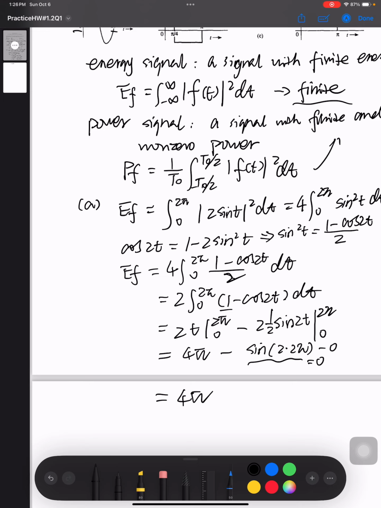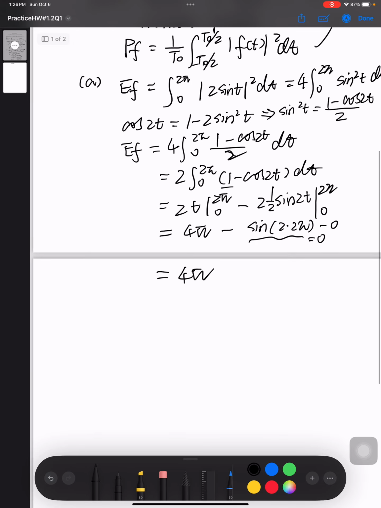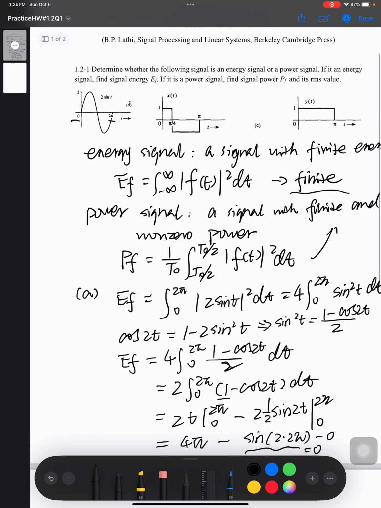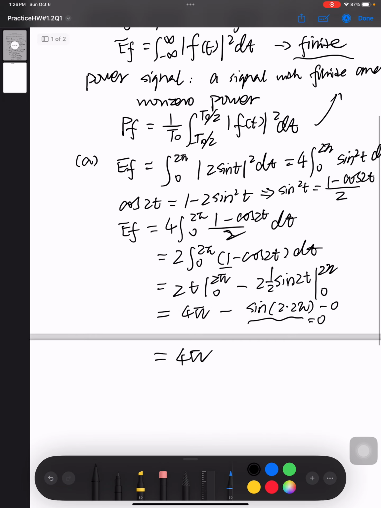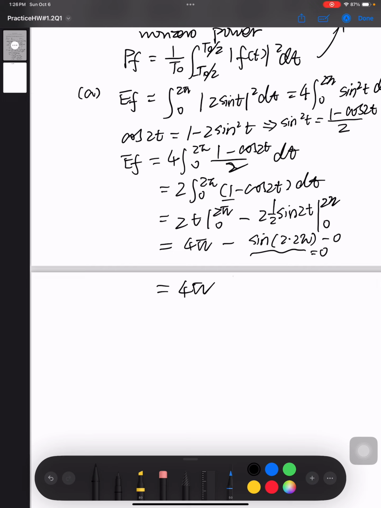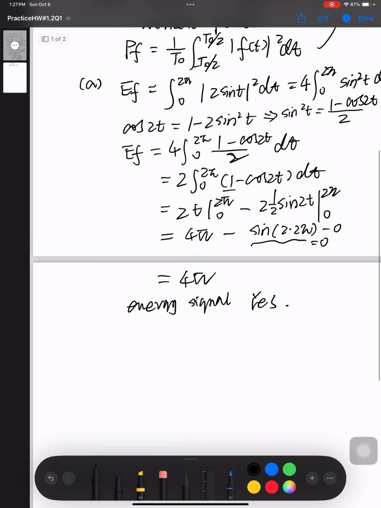Now this is the first question. So it's an energy signal and energy EF equals 4 pi.